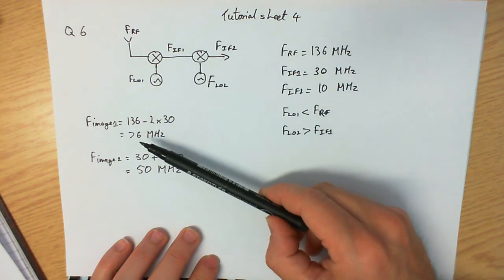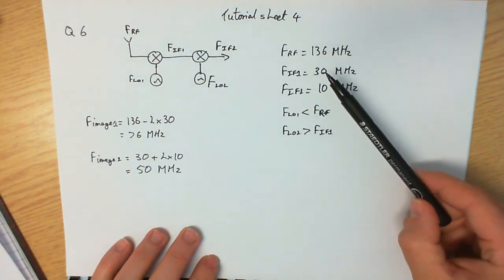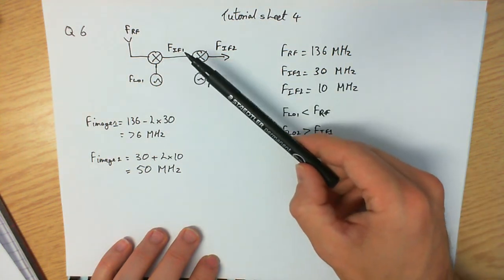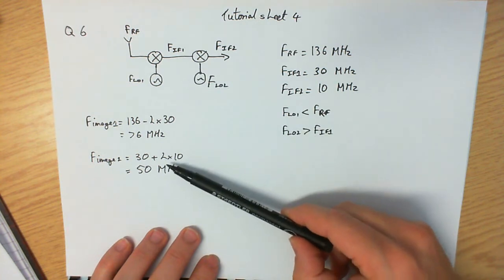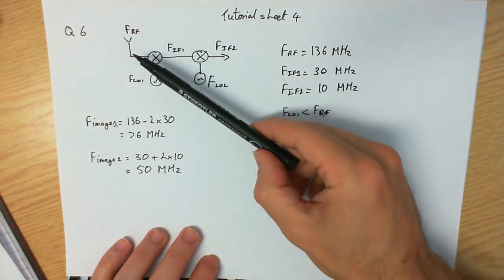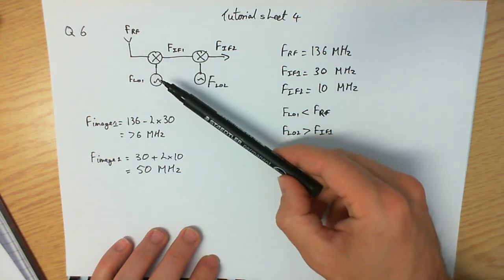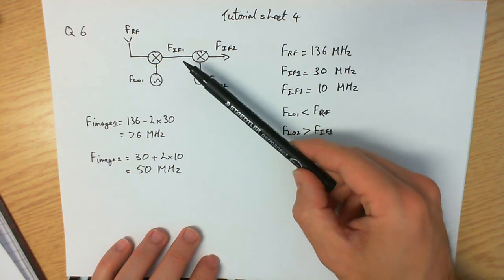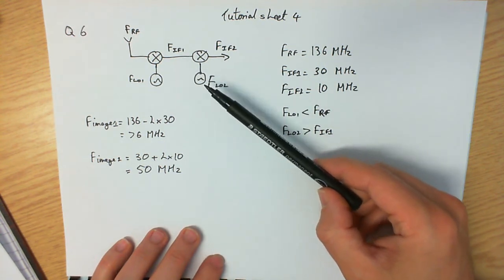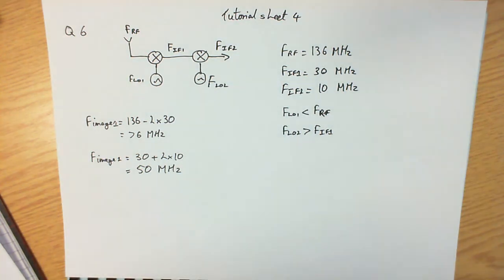Obviously, if a signal of 76 megahertz comes in through here, that will be converted down to 30 megahertz. But there's also a problem if a signal gets to this part of the system at 50 megahertz. So what possible frequencies could get in through here that will be mixed with our local oscillator to give us 50 megahertz, which will then be mixed by the second local oscillator to give us 10 megahertz, and that will then cause interference.